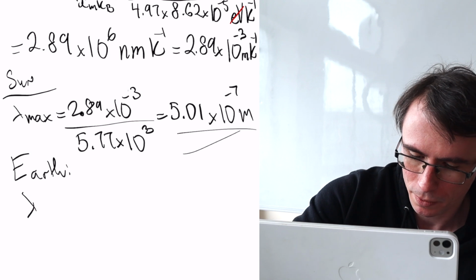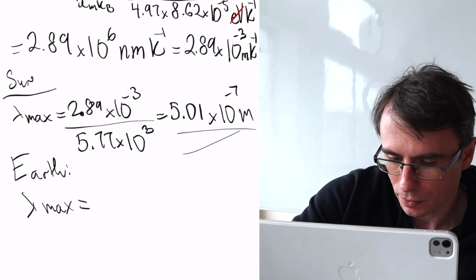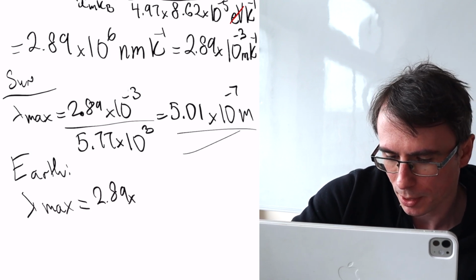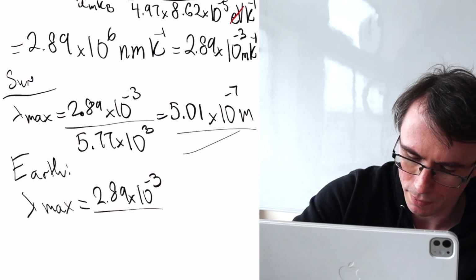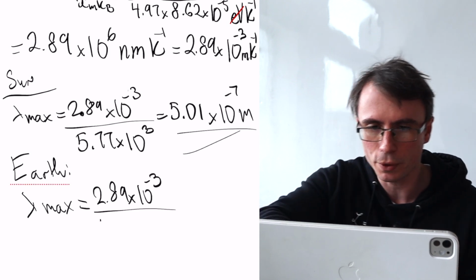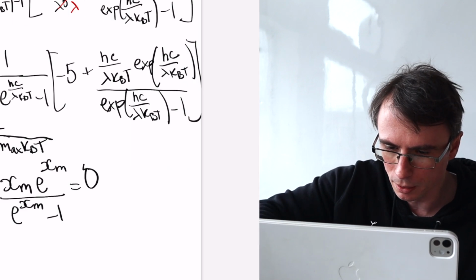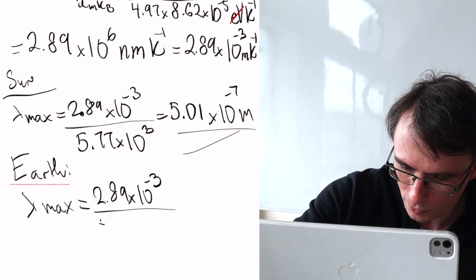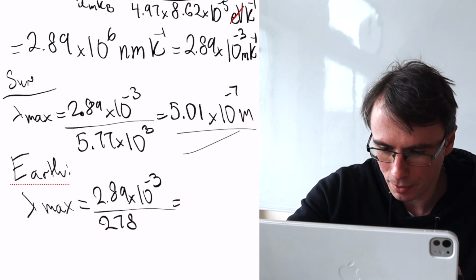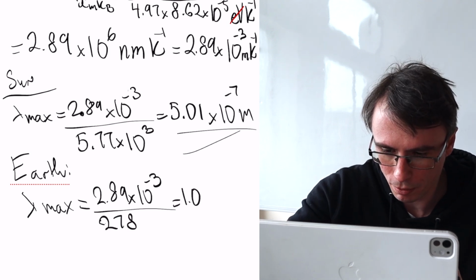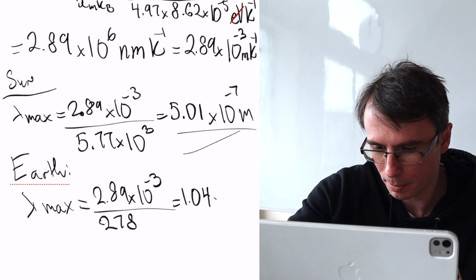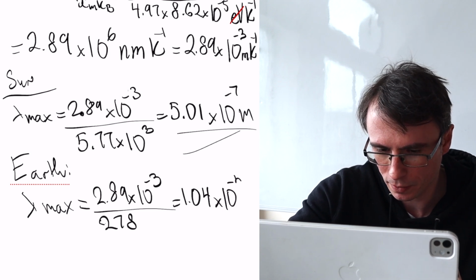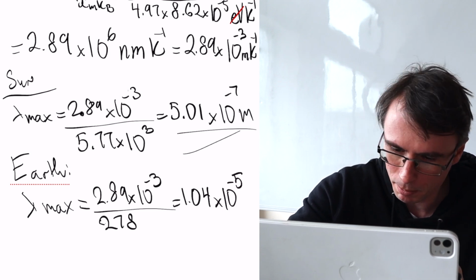Makes sense. Let's do the same for the Earth. Lambda max is equal to the value of the constant, 2.89 times 10 to the power of -3, divided by the temperature of the Earth, which we calculated all the way back here somewhere: 278 Kelvin, giving us around 1.04 times 10 to the power of -5 meters.